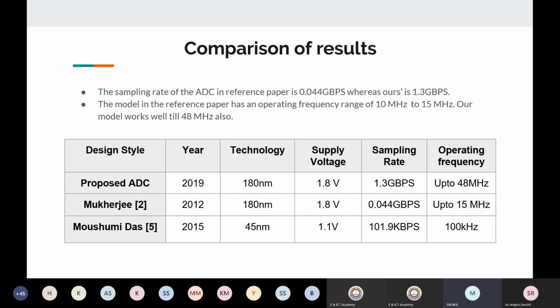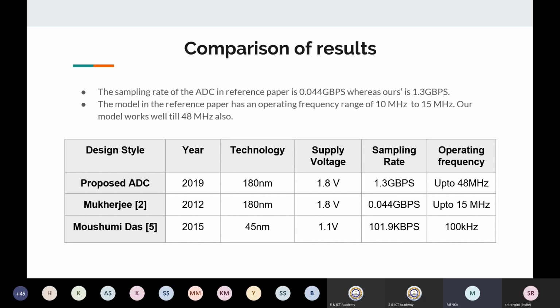Technology node is also given, 180 nanometer for them and 45 nanometer by Ms. Das. And then the supply voltages correspondingly, and what was the sampling rate. You can see the sampling rate of the proposed ADC, which is done by NIT Trichy students, is the highest one, 1.3 gigabits per second.